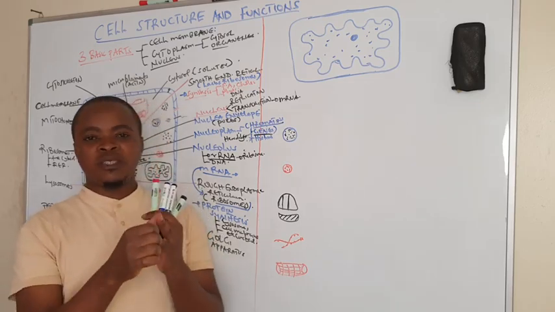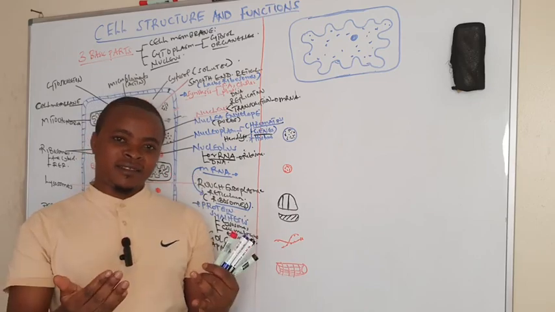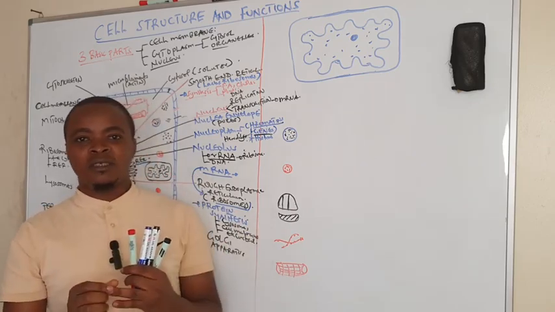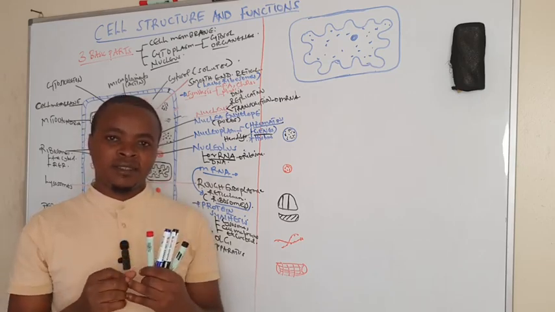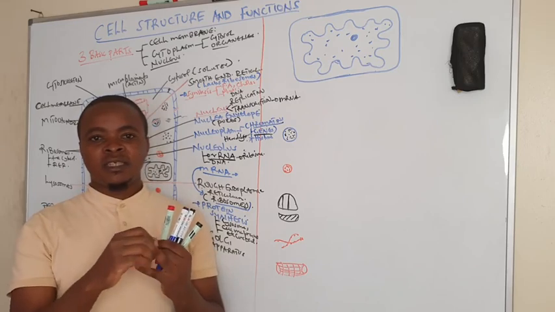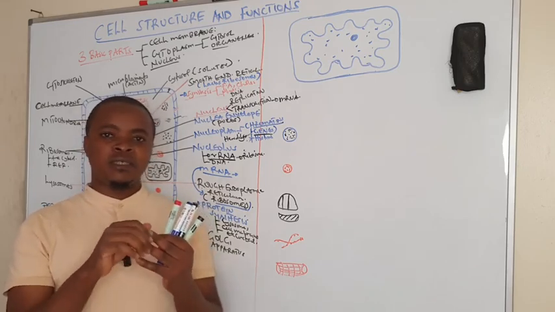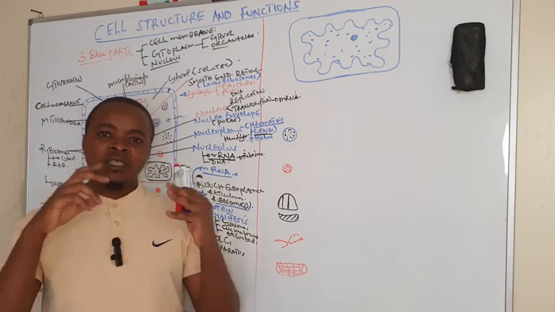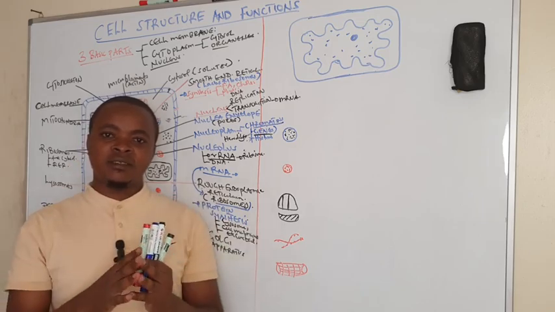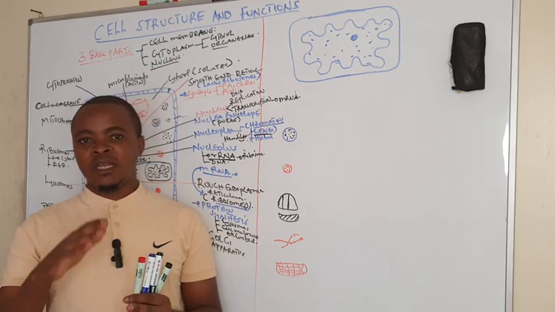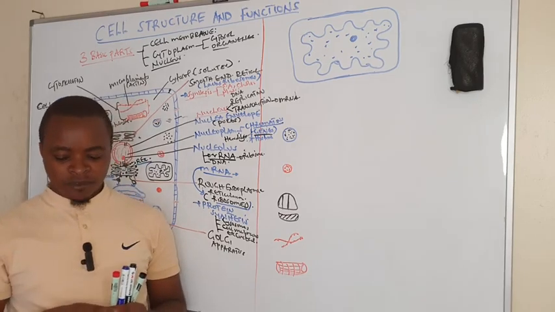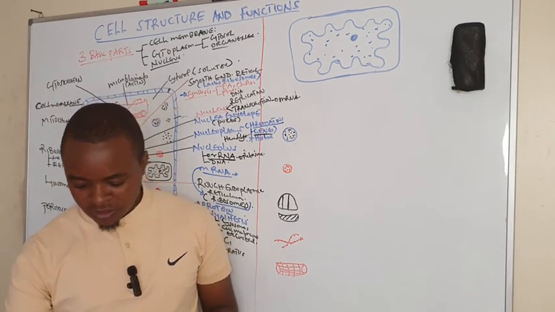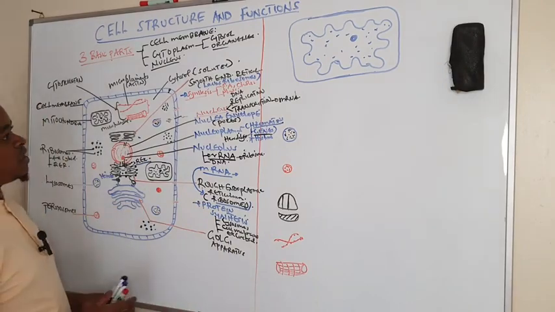The smooth endoplasmic reticulum lacks the ribosomes, and it is responsible for synthesis of fats, that is, fatty acids, phospholipids, and cholesterol, which can act as precursors for formation of other compounds like steroid hormones and fat-soluble vitamins. So those are the functions of the smooth endoplasmic reticulum.